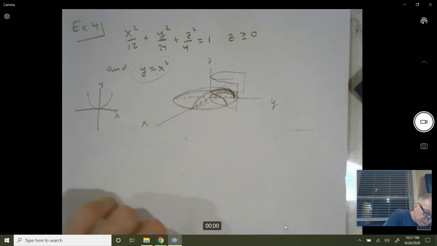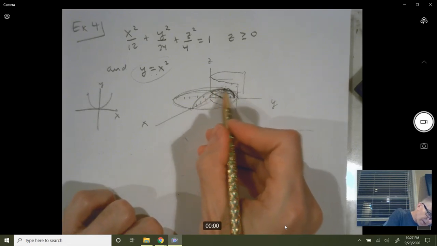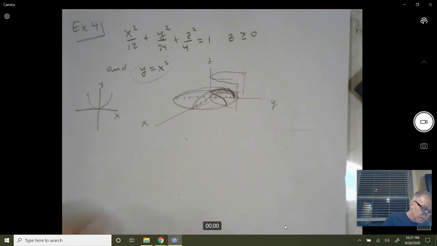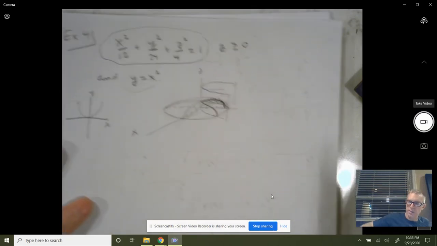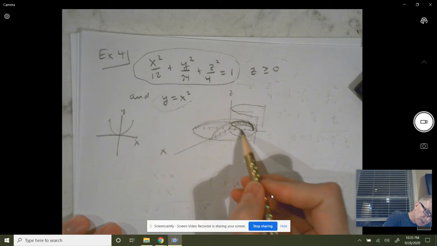If you can picture that, that's running along the top of your loaf of bread, but it's also on this parabolic cylinder. All right, so right here, this is our curve of intersection.